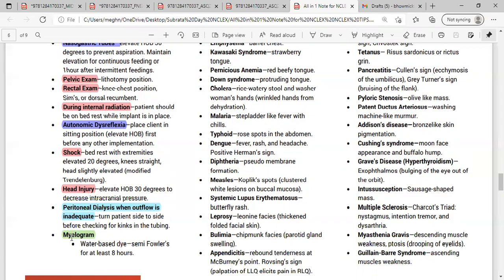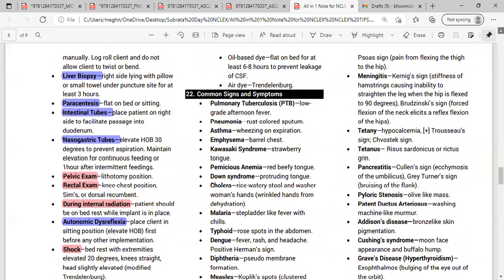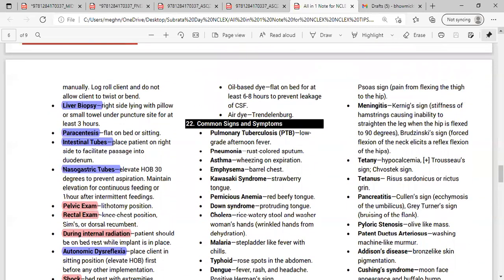In case of myelogram, if it is water-based dye, semi-Fowler's position. But if it is oil-based, flat on bed for at least 6 to 8 hours. If a patient has a suspected air embolism, it is good to go for Trendelenburg positioning.